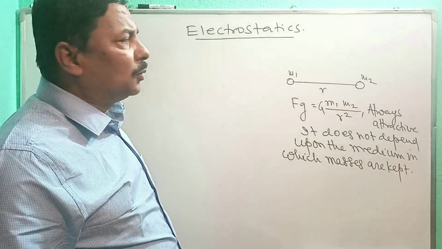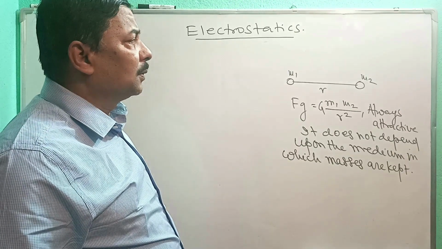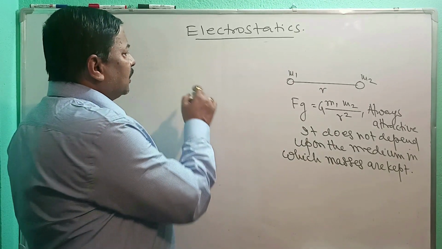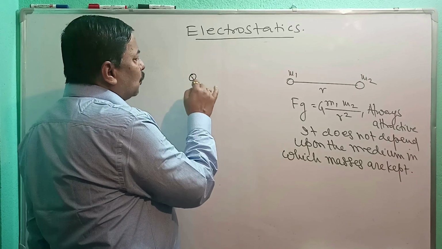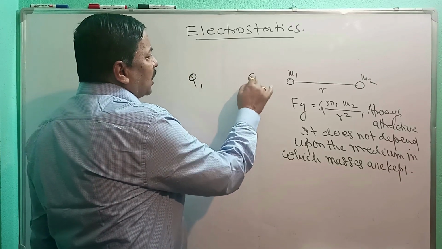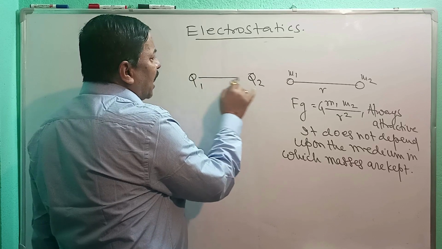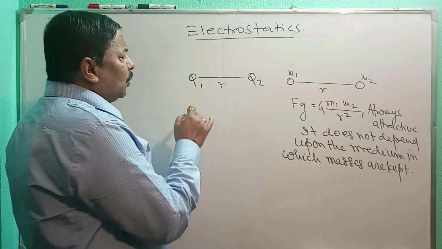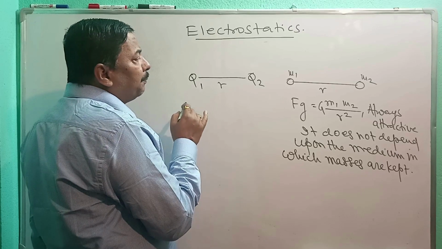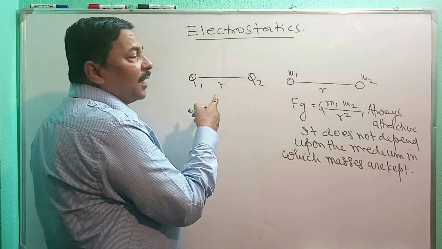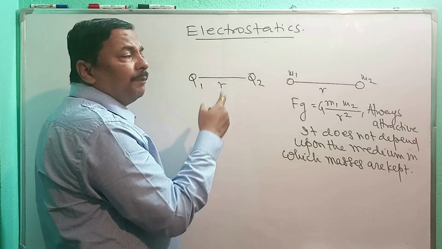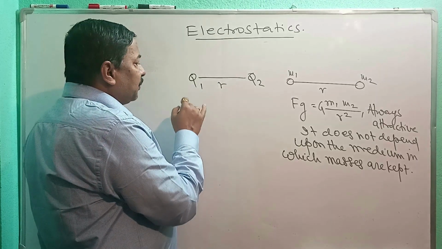If we talk about the force between two charges, suppose here is a charge Q1, here is a charge Q2, and they are separated by a distance r. Here also a force acts between them. If the same charges are there, the force will be repulsive. If opposite charges are there, the force will be attractive.